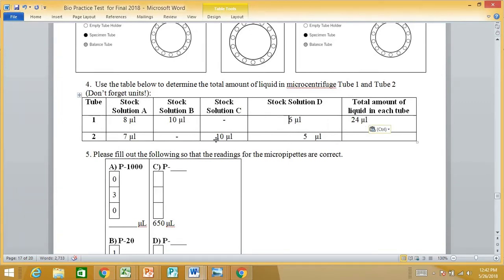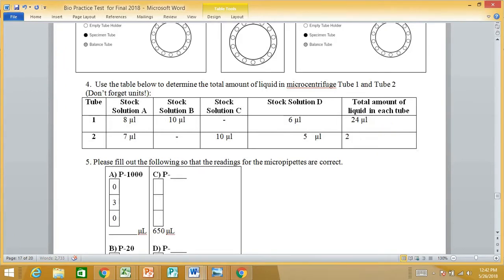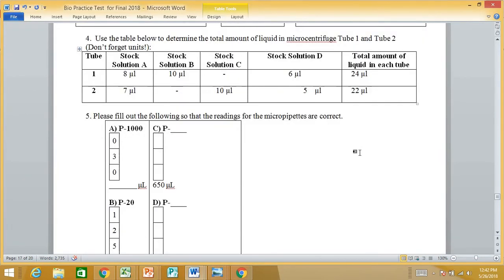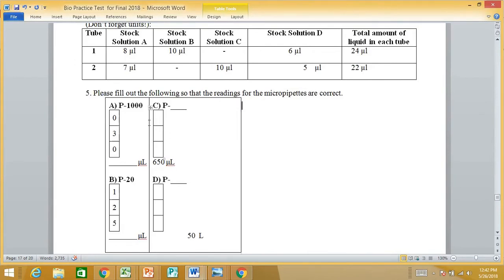And then if you got 7 and 10 is 17 plus 5 means you're going to have 22 microliters, right? So here you have 2 tubes with different amounts of microliters in there. All right, now fill out this so it's correct.